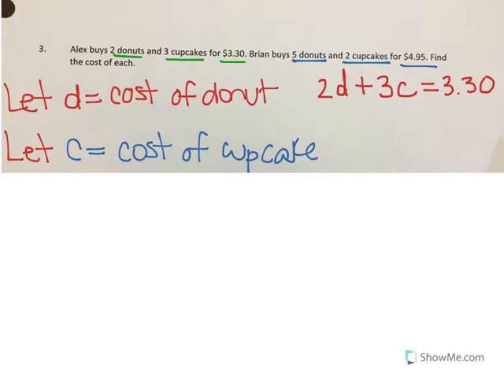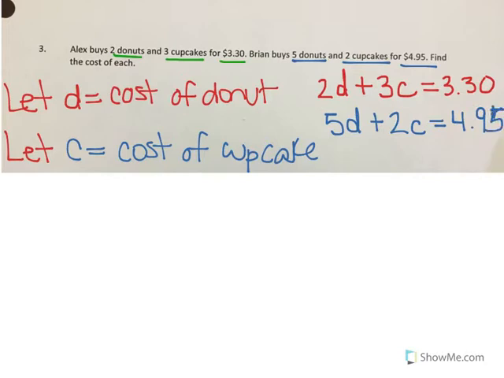The other equation is going to be the fact that Brian bought 5 donuts, that's 5 times D, plus 2 cupcakes, 2 times C, and spent a total of $4.95.